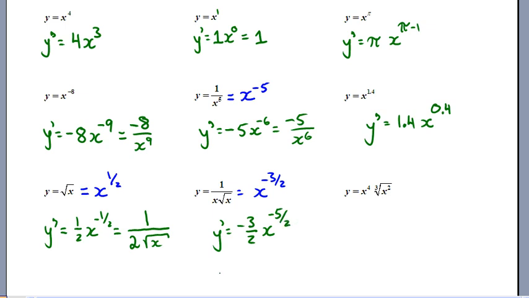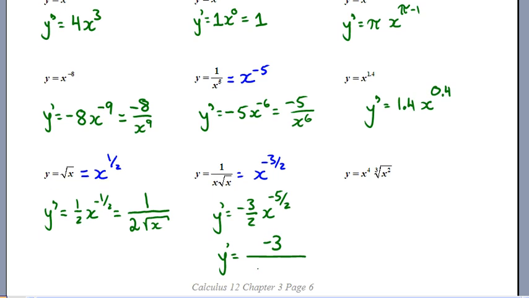Don't be shocked if you check the back of a textbook, and instead of writing it like that, they might write it as 1 fraction. I don't think this looks any better, but they might write it like this. -3, all on top of 2, and then you'd have x to the 5/2. Which you could even write as like x to the 5th under a root sign, right? If you think that looks any better.